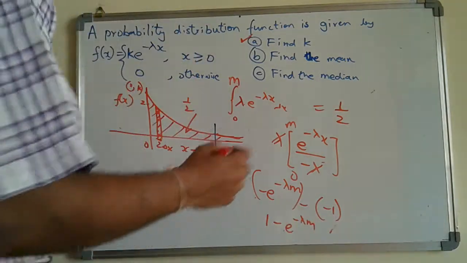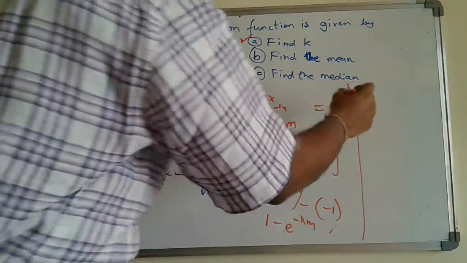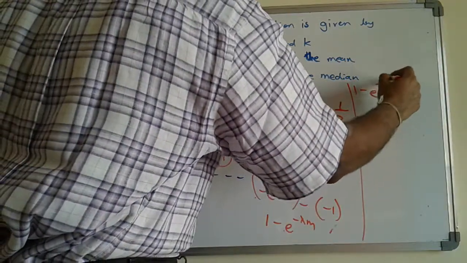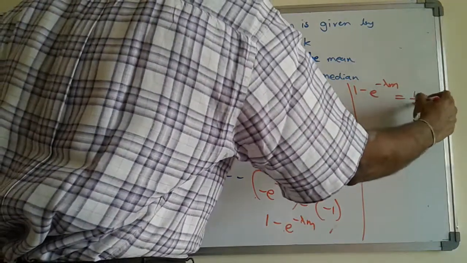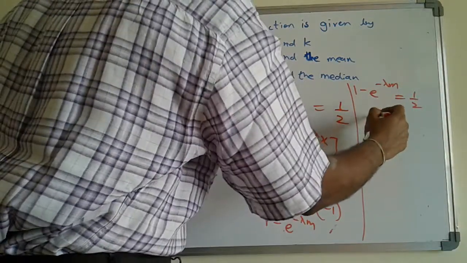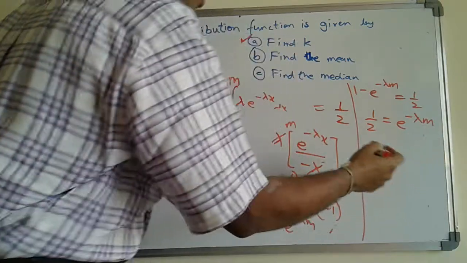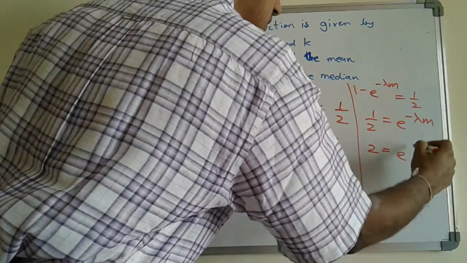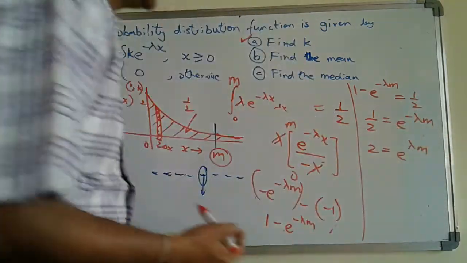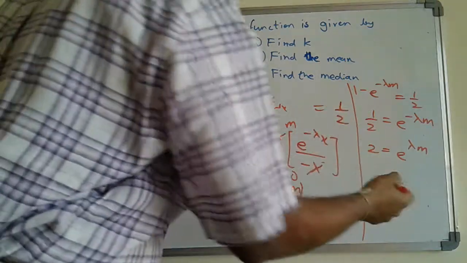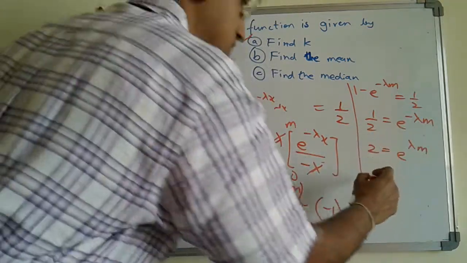Okay, so let's continue here. We want this quantity 1 minus e power minus lambda m to be half. In other words, let's bring the half here and reciprocate both sides. 1 by e power minus lambda m is just e power lambda m. Now let's take natural logarithm on both sides.